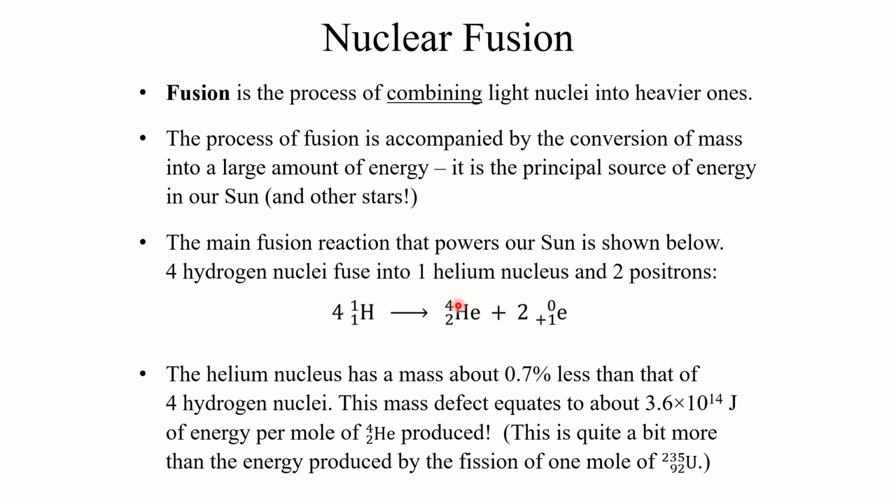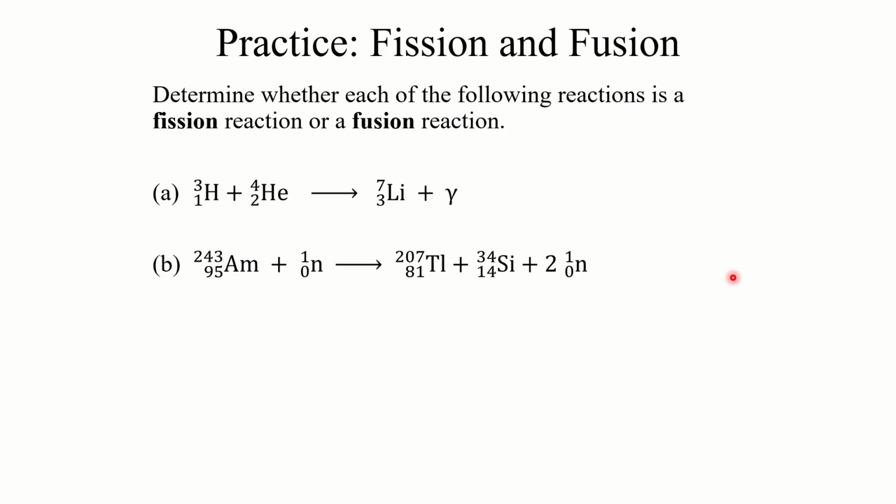This is why there's been a lot of time and energy and money spent into trying to make nuclear fusion power a reality, because it's a lot cleaner. You don't have any radioactive byproducts, and it's significantly more efficient. It's just really hard to get these reactions going. They require intense amounts of heat and pressure.